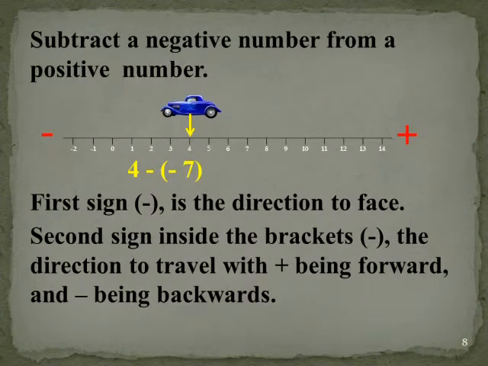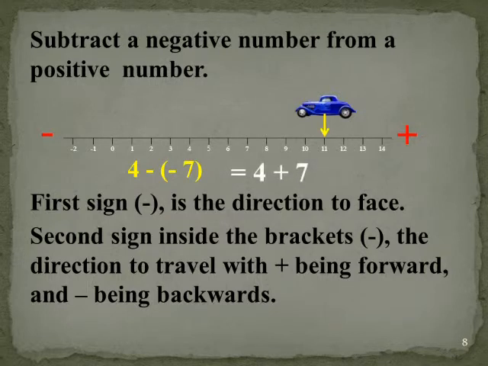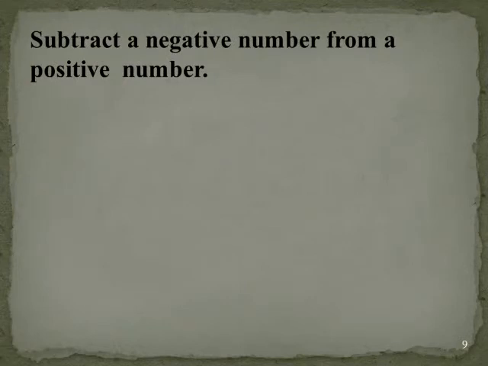We are now going to travel backwards 7 units, and that is equivalent to adding 7. If we're facing the negatives and going backwards, we're travelling in the positive direction. So negative and negative gives you a positive, and of course that's equal to 11. That's subtracting a negative number from a positive number.